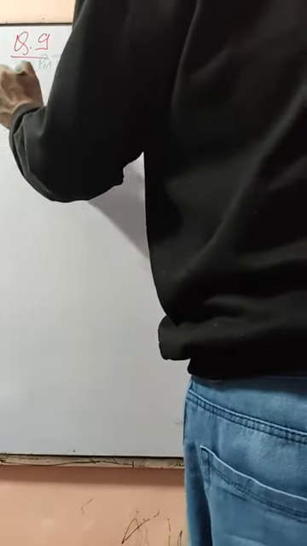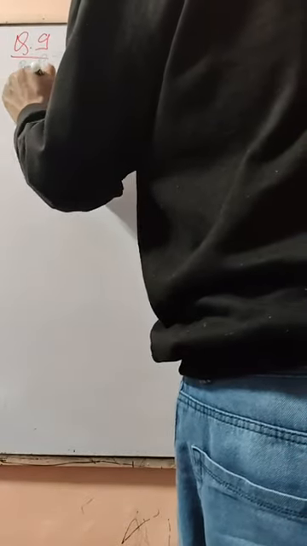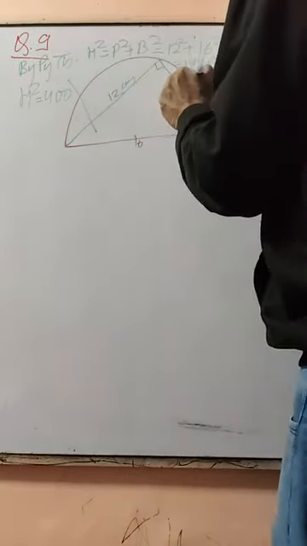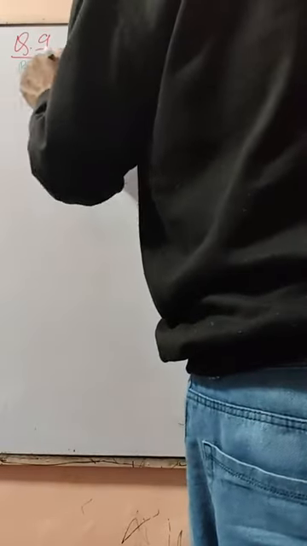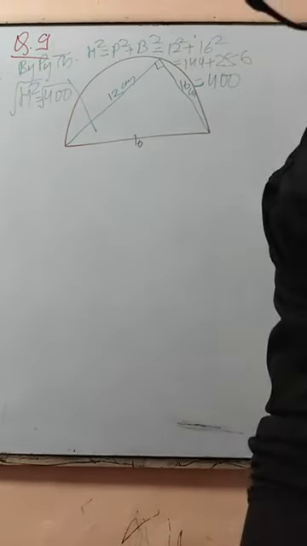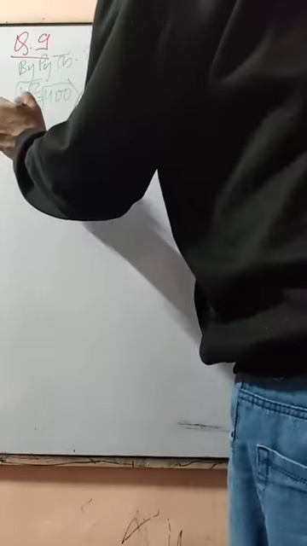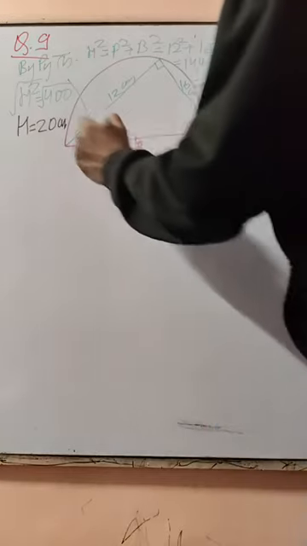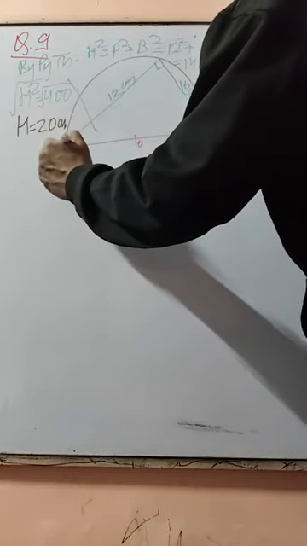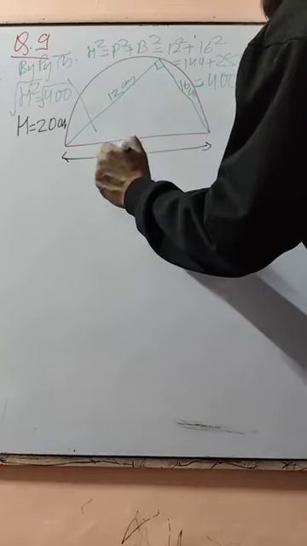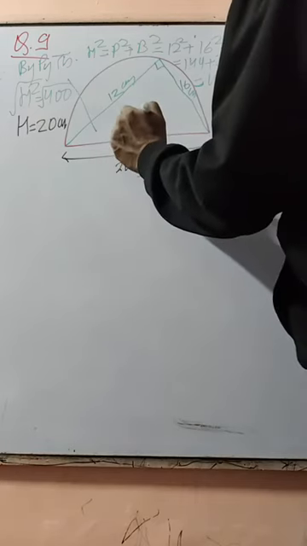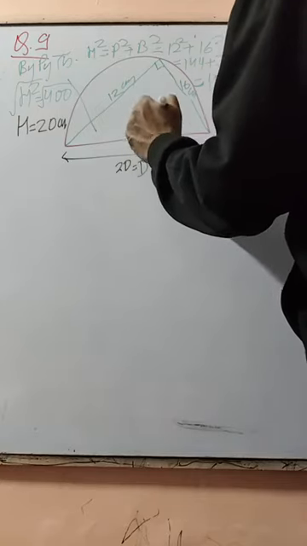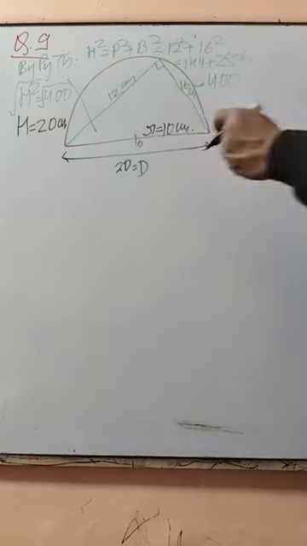So h square is equal to 400 centimeter square. Taking root over both sides, h is 20 centimeter. That is equal to diameter. So radius r is equal to 10 centimeter.